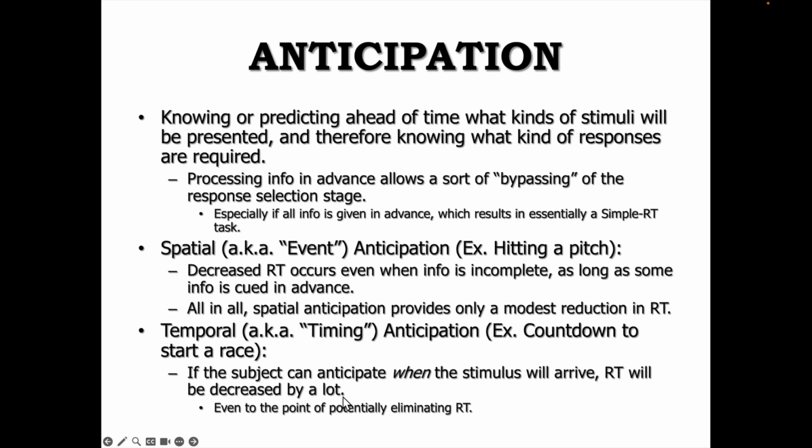Especially, for example, if you're counting down 5, 4, 3, 2, 1, go, in a steady, consistent sequence, the athlete can time when to start accelerating out from the starting position and therefore significantly decrease that reaction time. So in temporal anticipation, we can eliminate much of the reaction time, possibly even all of it.